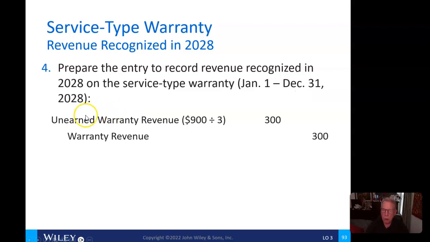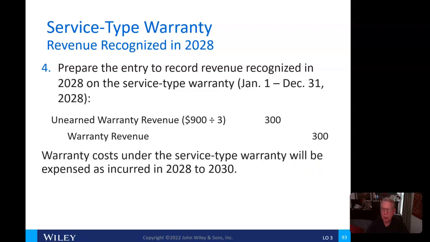And we're going to record unearned warranty revenue. We're taking 3 years, total of $900 on a straight line basis, and this would be the last year. So it's going to be $300 here, and we will have recognized the last $300 of our warranty revenue.